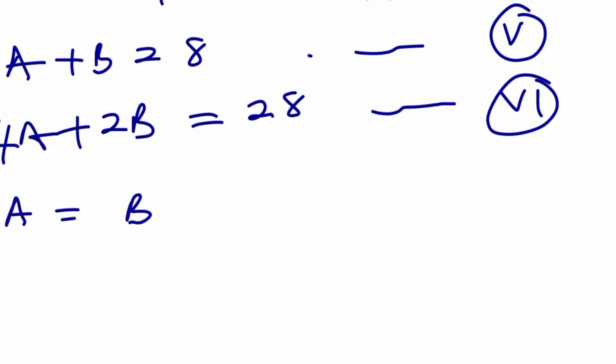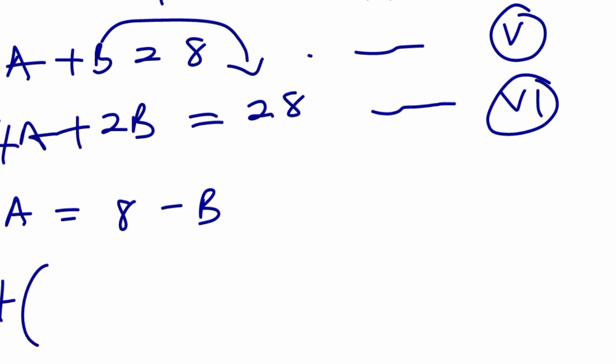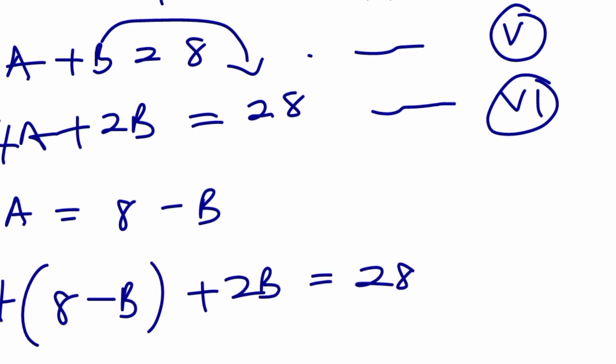Then we have a equals 8 minus b, because if we take b this side, it becomes negative. So since I have that, I can substitute this into 4a. It becomes 4 times open bracket 8 minus b, plus 2b equals 28.